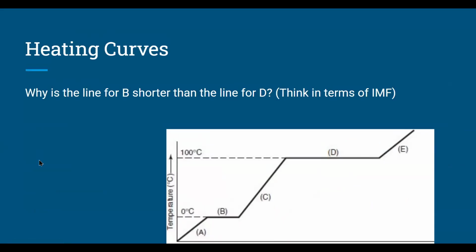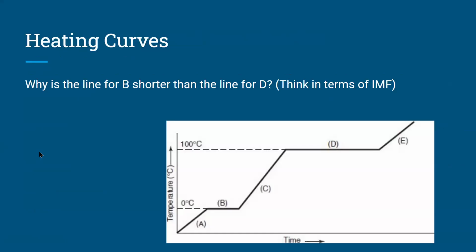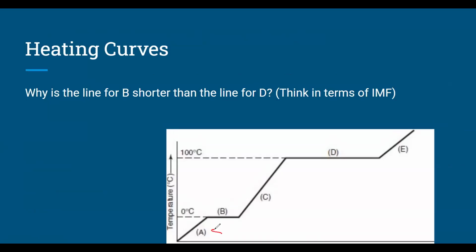So if we look at this curve real quick again, let's label them. A is a solid, and C is a liquid, and E is a gas. So to go from a solid to a liquid, we break some intermolecular forces.